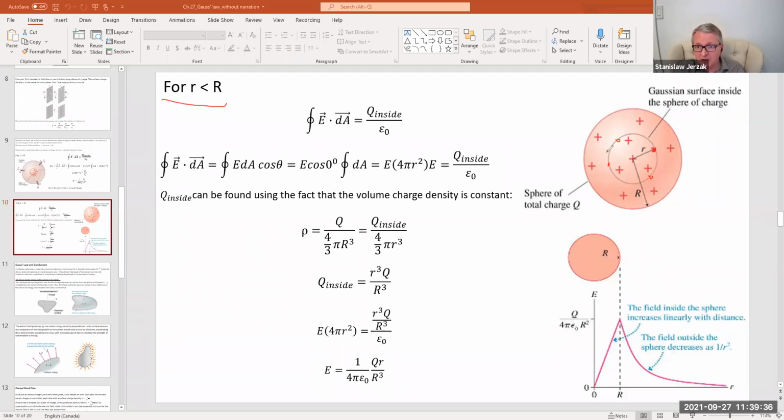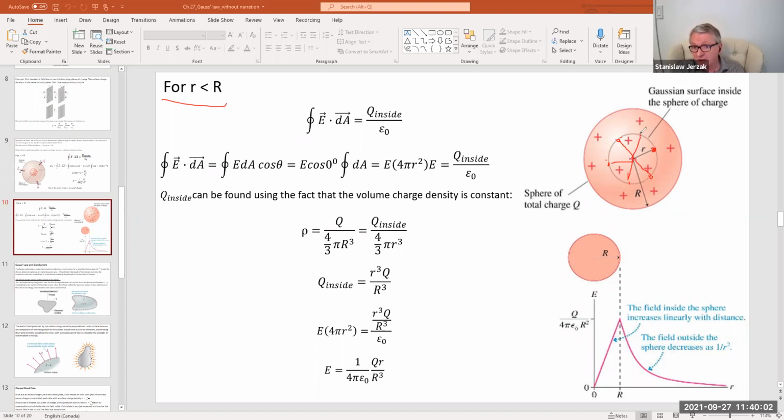So if this is my spherical Gaussian surface, then at any point on that Gaussian surface, I expect that electric field has the same magnitude, because every point on the surface would be the same distance from the center, and that would be reasonable expectation that the electric field should now be the same in terms of magnitude at every point on the sphere.